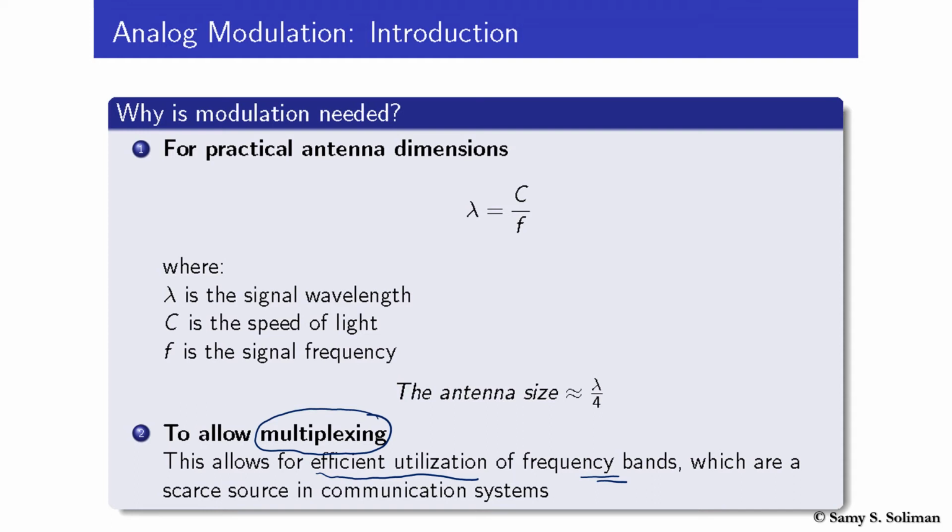So this is called multiplexing, and there are many types of multiplexing that we will study together. But for now, it's important to know that multiplexing is a way to allow the efficient utilization of frequency bands or communication resources in general, which are scarce resources in communication systems, and we don't have the liberty to use them without high efficiency.